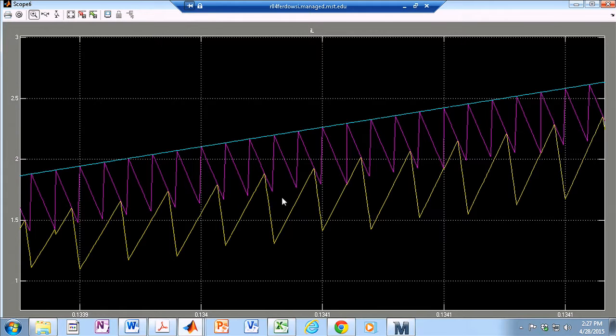Here, for instance, you can see that in one cycle, the switch is totally on, and in the next cycle, you make a decision to turn the switch off. So you can see that here the switching frequency is half of what it is supposed to be because of the subharmonic oscillation. Or you can see here we have a period where your switch is almost on the entire time, and just at the very last, you turn the switch off.